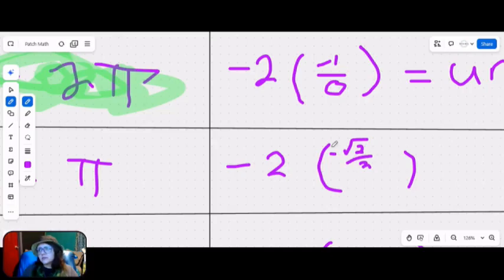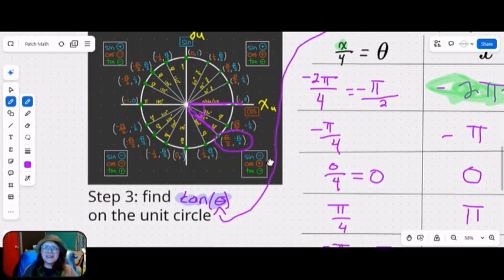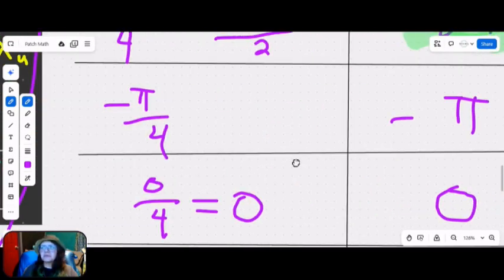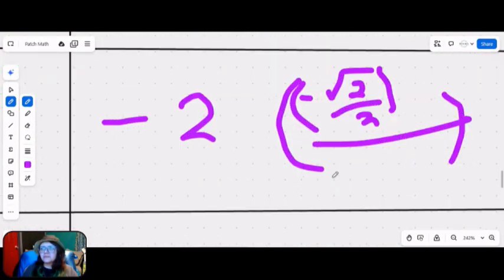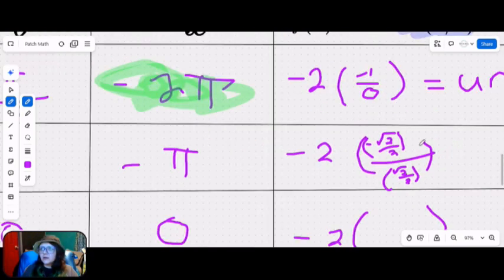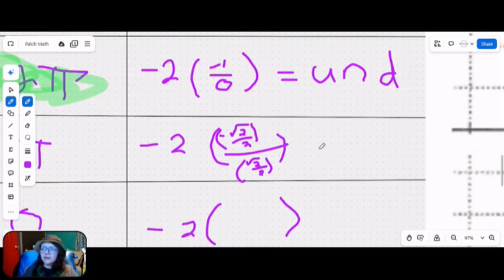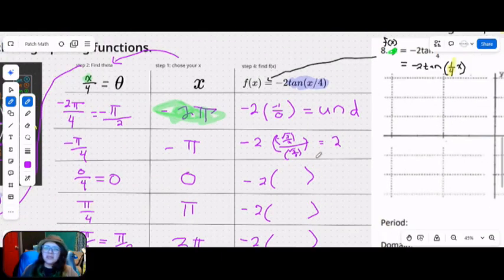Anything over itself is 1. We got that negative there, but it doesn't really change much. So we have -2 times -1, which is 2. And we'll keep on keeping on.